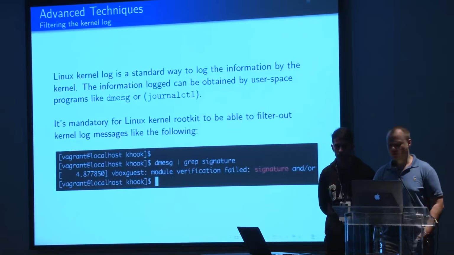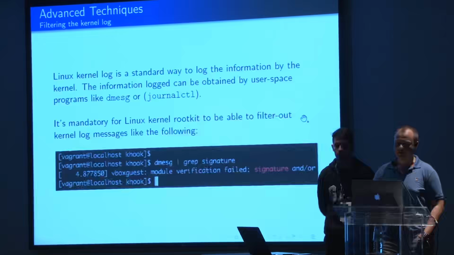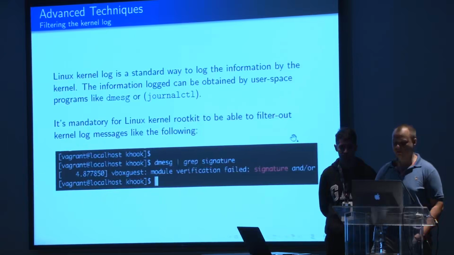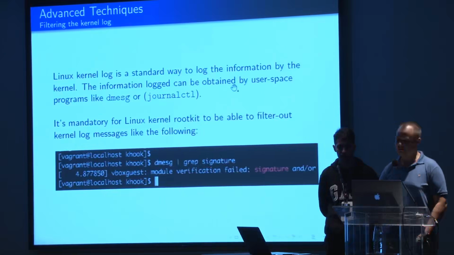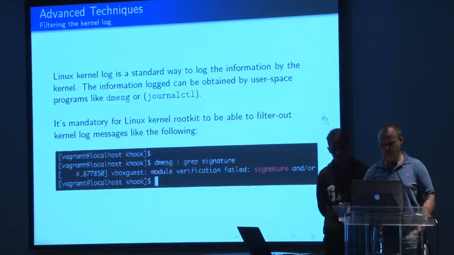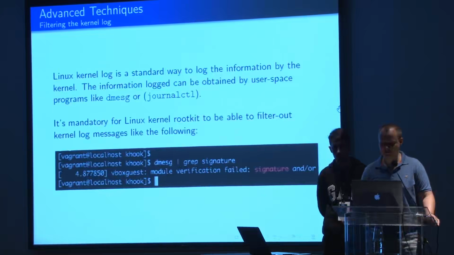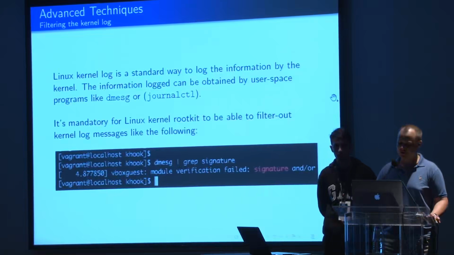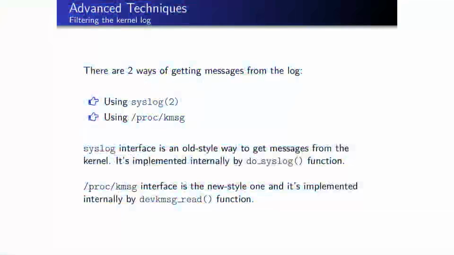When you load a kernel module without a signature, there will always be a message in the kernel log that module verification failed because of a missing signature. Using this technique, you can filter out those messages.